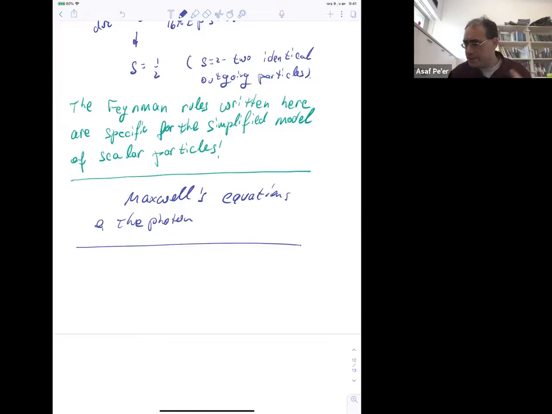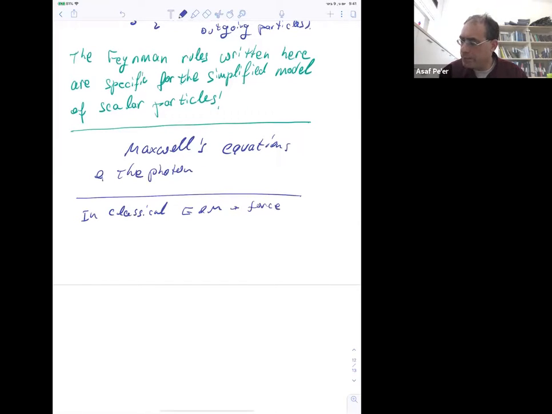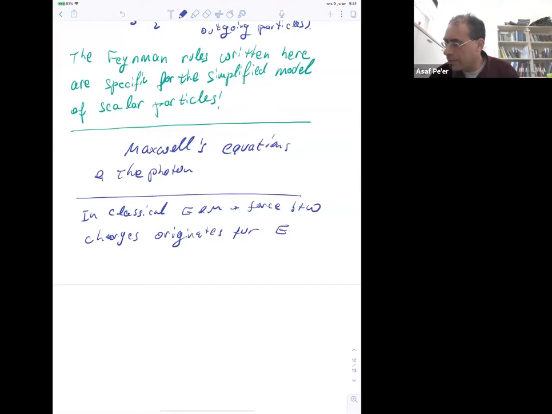Okay, so let me just briefly summarize what I just said. Classical E&M: the force between charges originates from electric and magnetic fields.